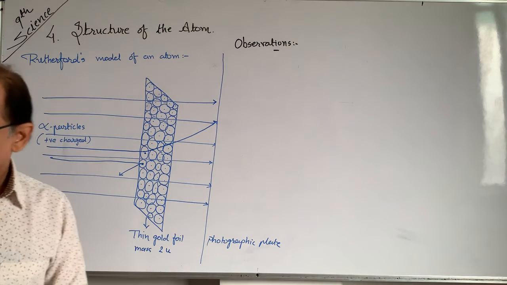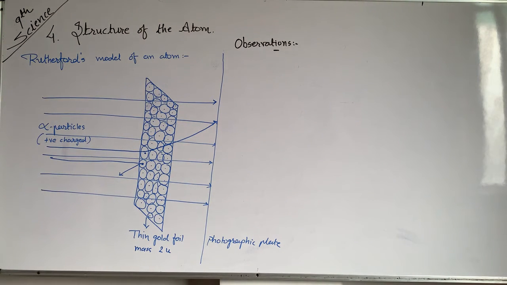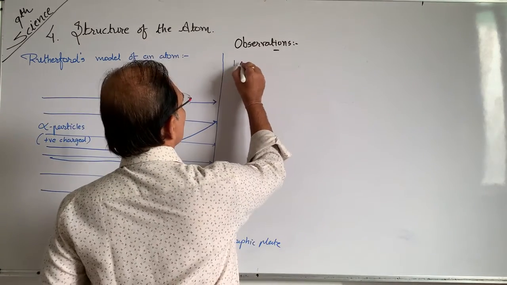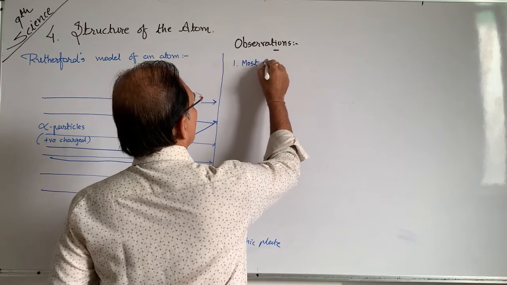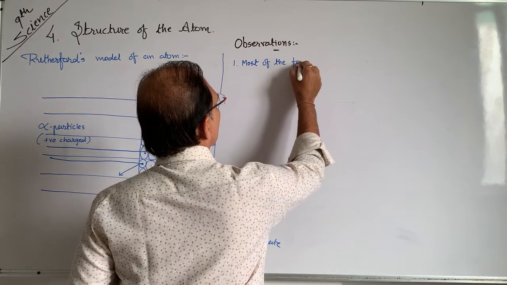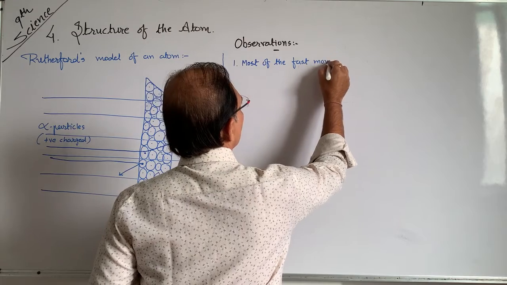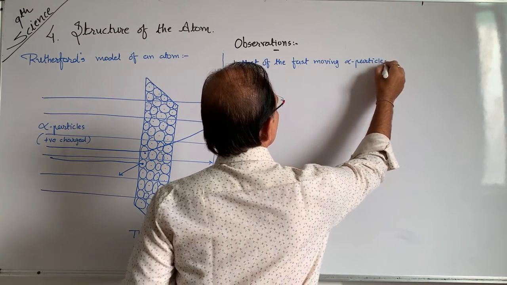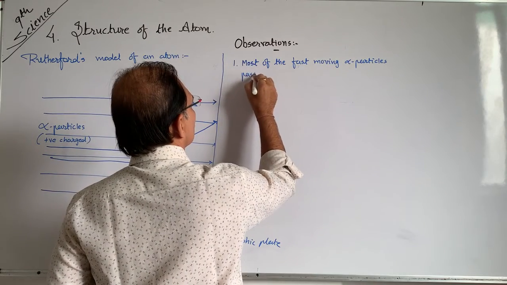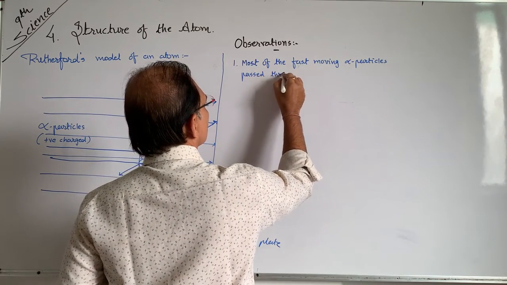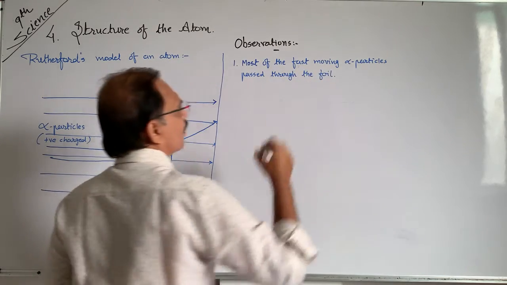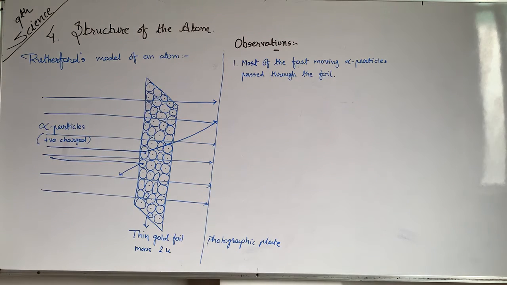Then what are the observations? Most of the fast moving alpha particles passed through the foil.